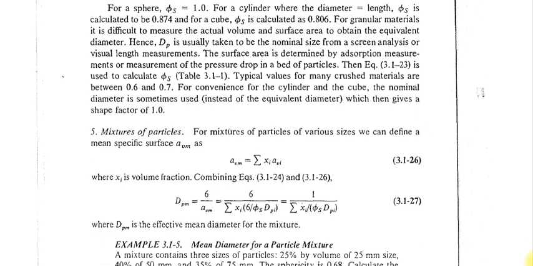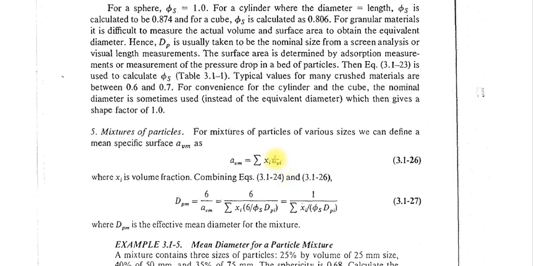Now if you have a mixture of particles, then the mean specific surface area Avm can be defined as the summation of xi Avi, where xi is the volume fraction of the different size of particle, and Avi is the specific surface of that particle.